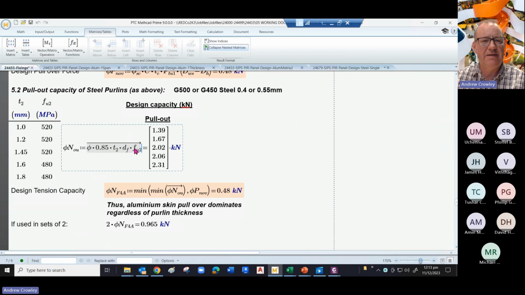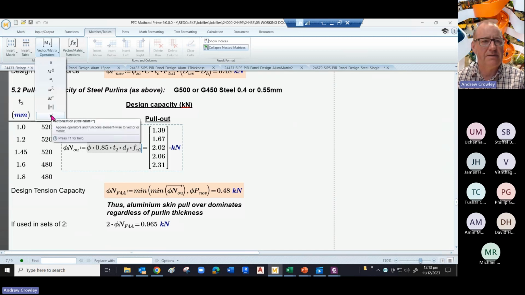And we put that into an equation, and it's the same sort of equation that we've used before to calculate the pull out capacity from the sheet, but this time we're doing it on a vector. And the way we can do that is to use the matrix operator to vectorize that sum.